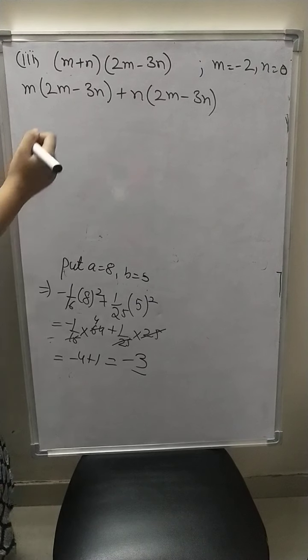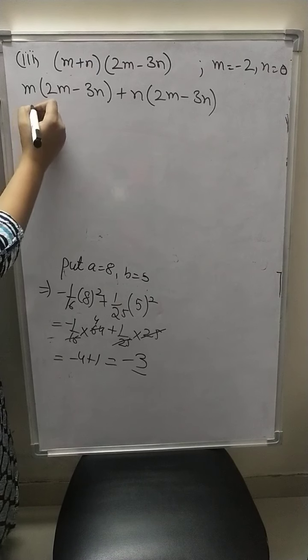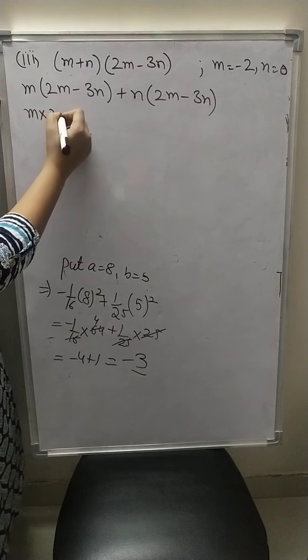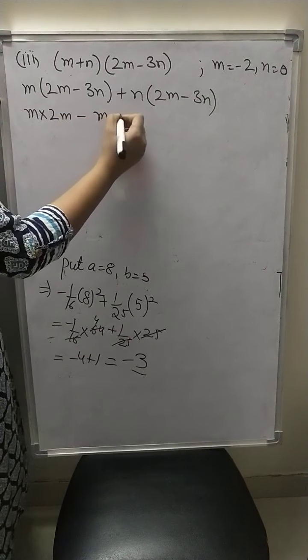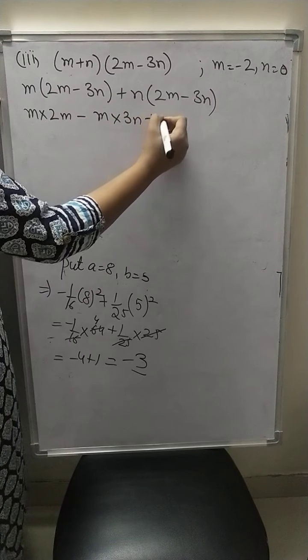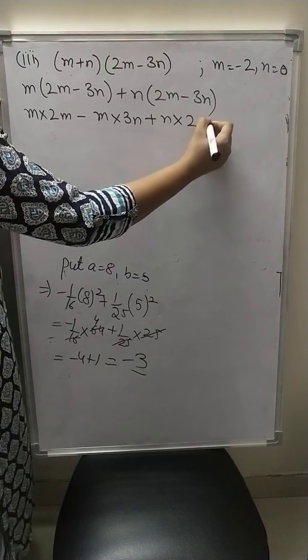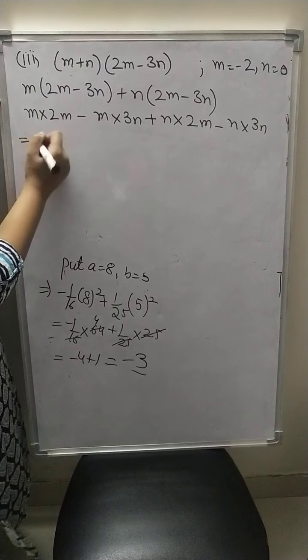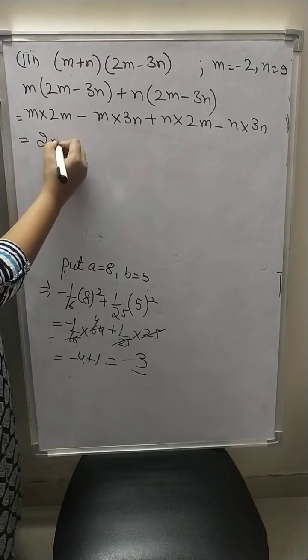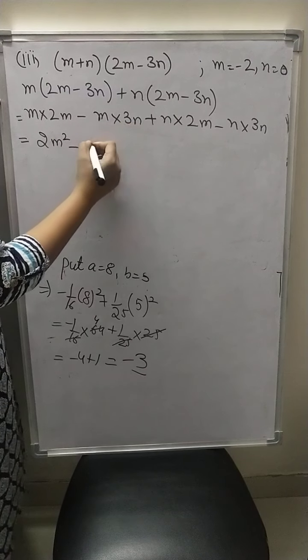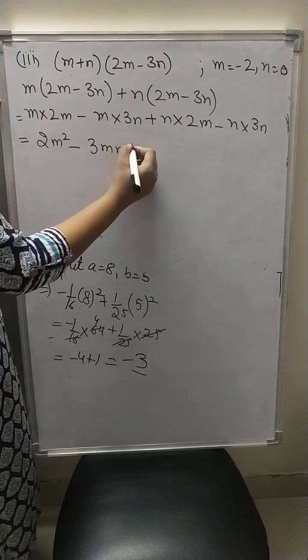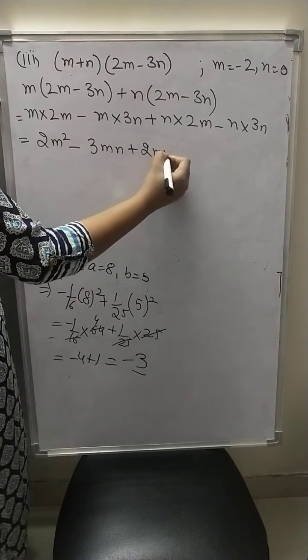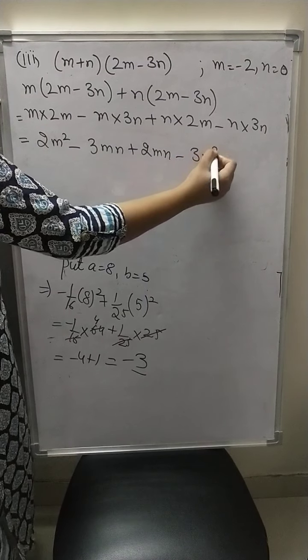So now here what are we going to get? M into 2m minus m into 3n plus n into 2m minus n into 3n. So that is equal to 2m square minus 3mn plus 2mn minus 3n square.